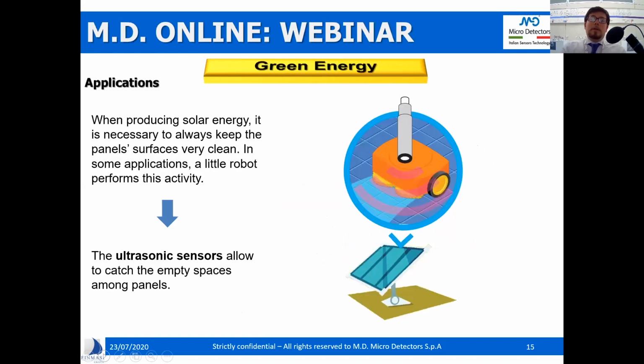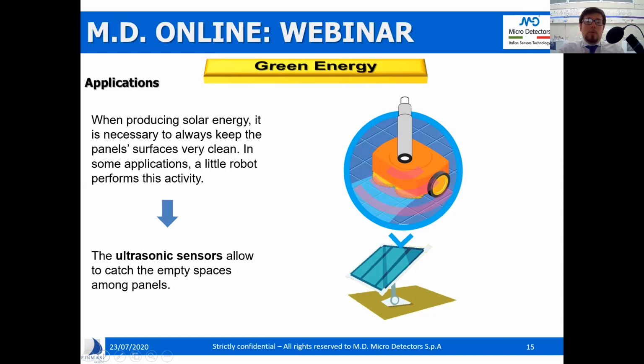Then let's remain always within the green field, so with green energy. In particular, we are talking about solar energy production with solar panels. As you know, in order to get the higher level of energy from the sun, it is necessary to always keep these surfaces very clean.